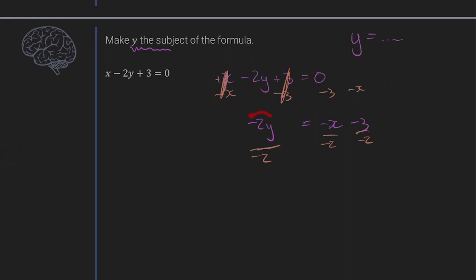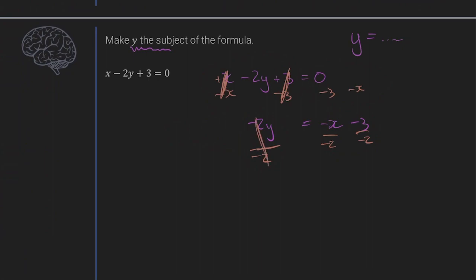When you're timesing something or dividing something, it's actually really important that you times or divide by each individual term. You know, if there were more terms on this side, we would also have to divide them by 2. If we were multiplying, it would be the same way. We would multiply by each individual term.